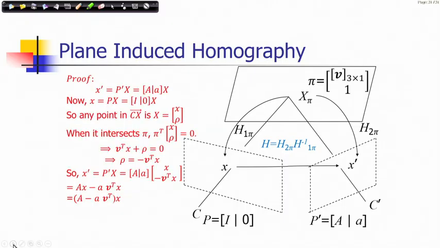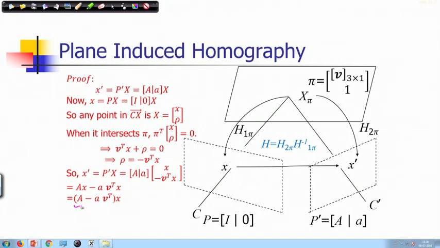This plane induced homography can be related with the parameters of the plane which is inducing this homography, and also the parameters of the projection matrices. So, here we have shown a proof of how it is related. The basic theorem is that this homography is given by this.